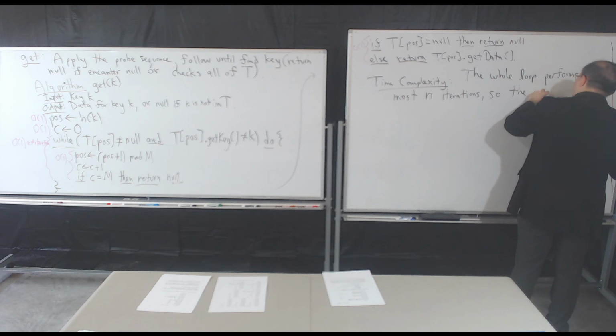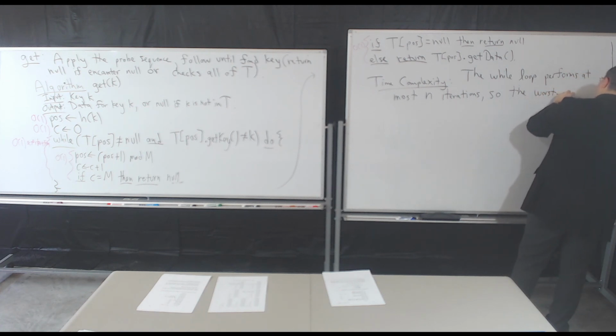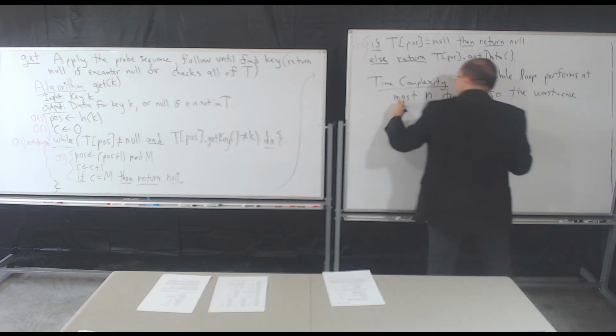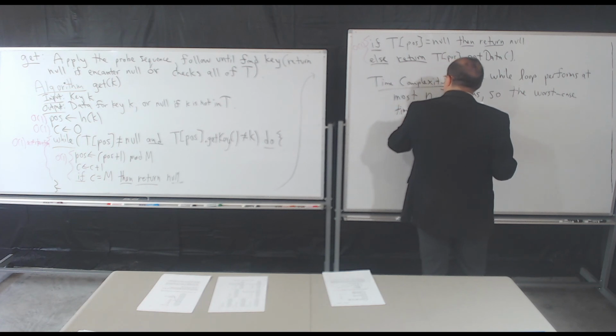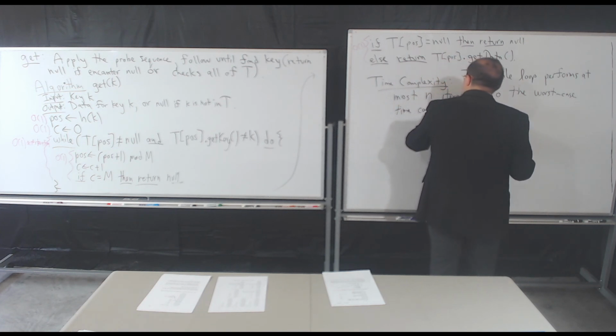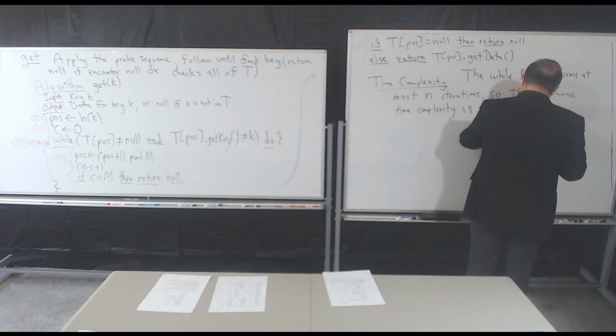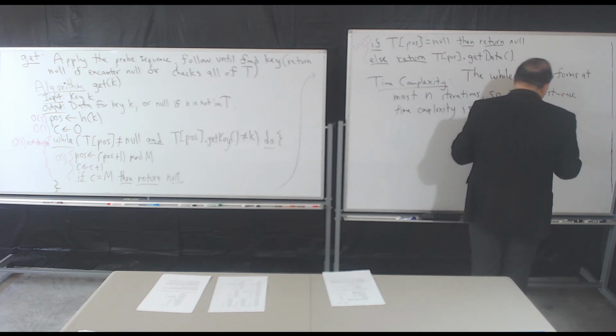So the worst case time complexity is big O of n.